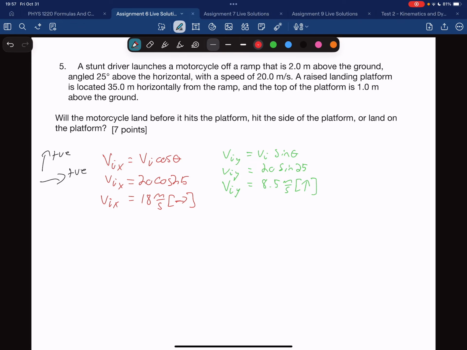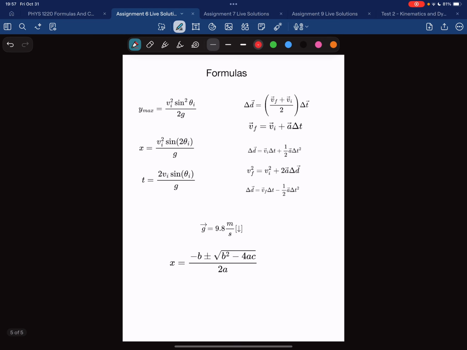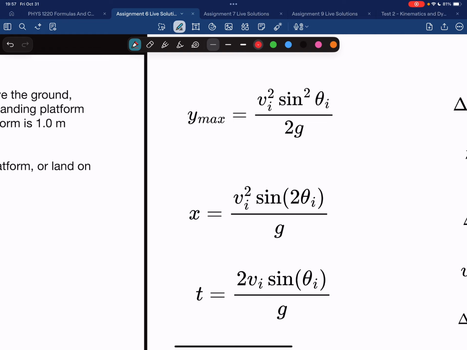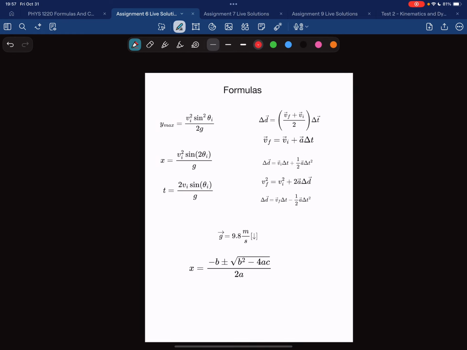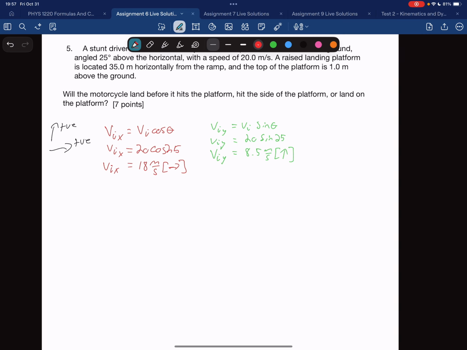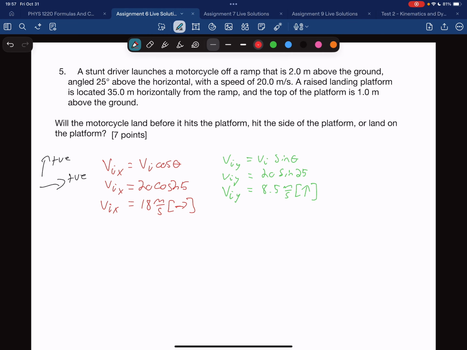In projectile motion, first off, we can't just use these simplified equations here, because we do not land at the same height that we launch from. So those equations do not apply. But what we do know about projectile motion is that the x and y components are independent.